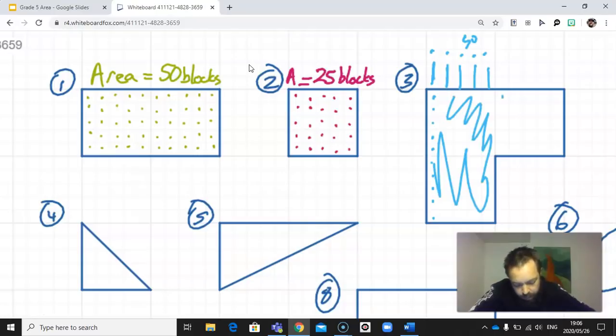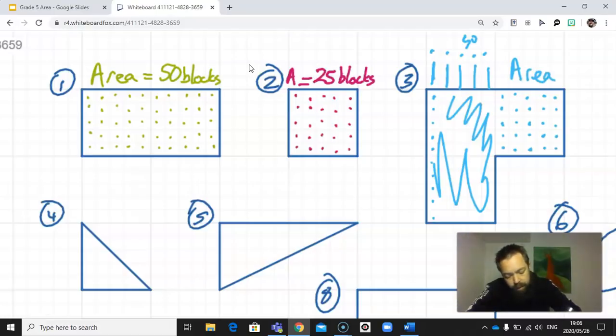Then I can go 51, 52, up to 75. And I can find that the area for 3 is equal to 75 blocks.